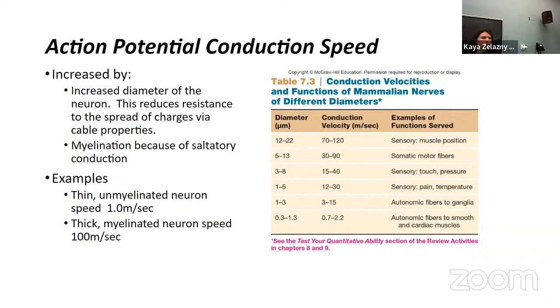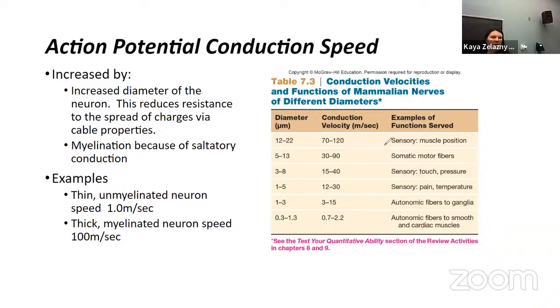We'll talk a lot about how diameter affects the flow of things through a vessel when we talk about the cardiovascular system. But for now, just know increasing diameter is increasing our rate of flow, so increasing the speed here. So we can see here that based on that diameter of these neurons, we also have some types of neurons that are faster and some that are slower, right?